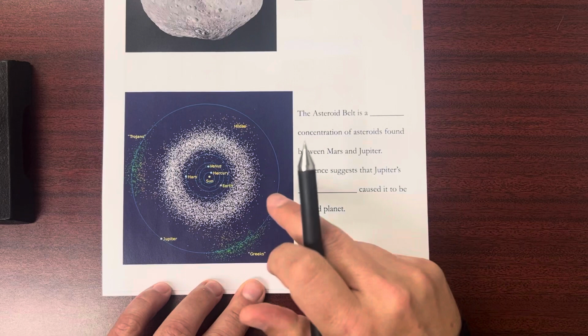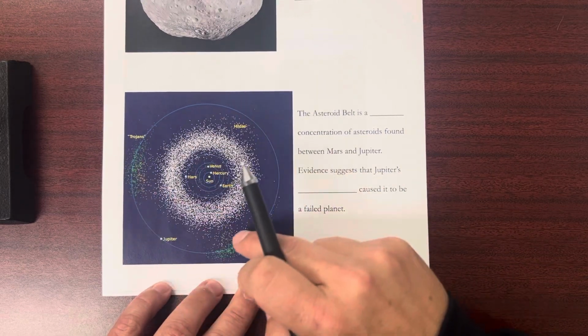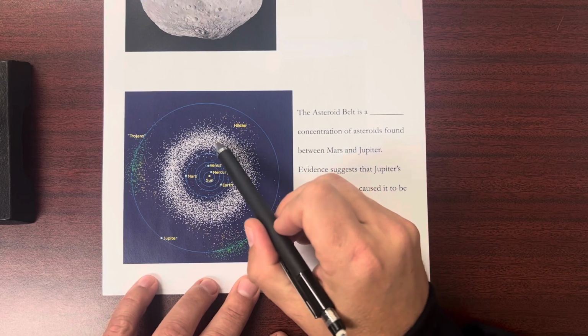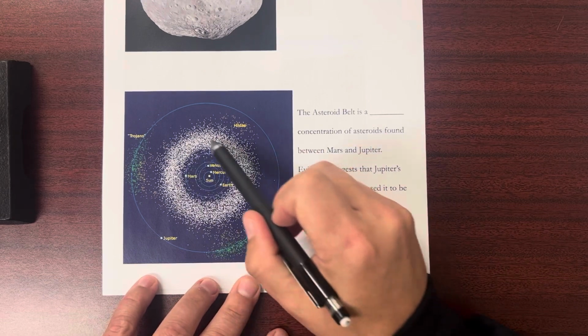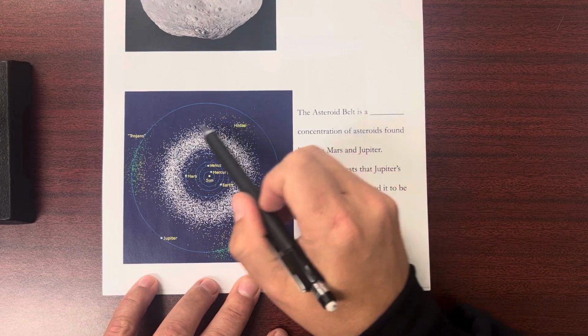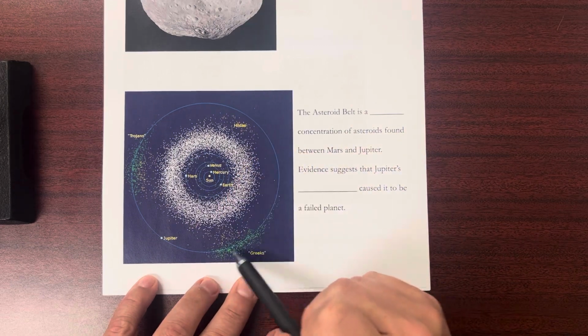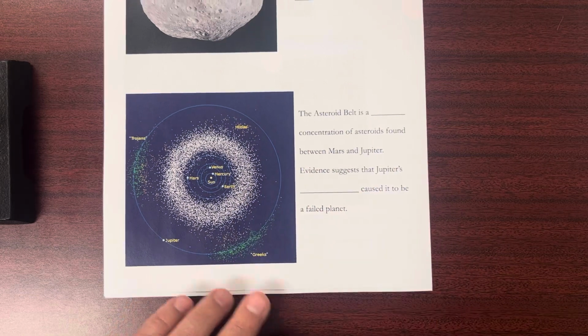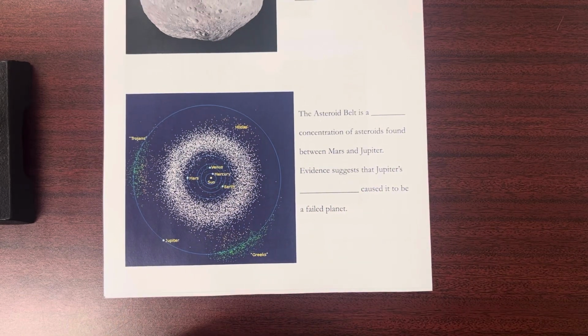And we're going to talk in another assignment later on about the asteroid belt in more detail, but you're going to see that there's groupings. There's this main body here, but then there's these other groups in orange, another group in green, and they're arranged like that for a very specific reason that has to do with Jupiter and its gravity.